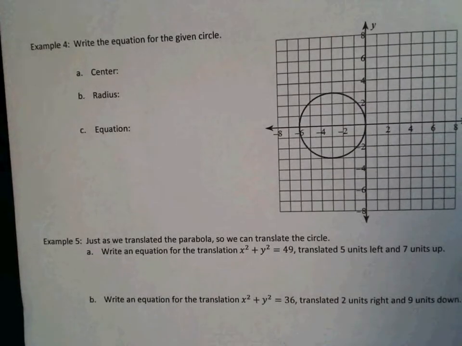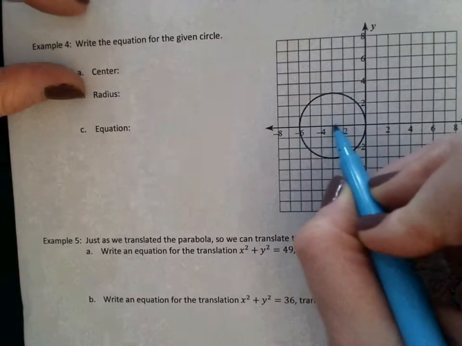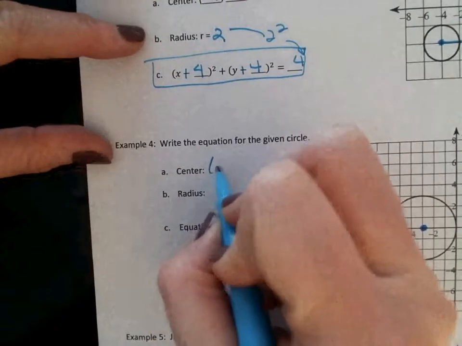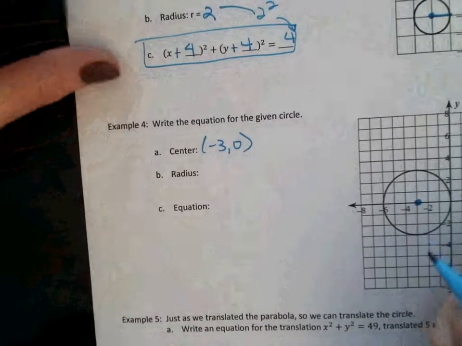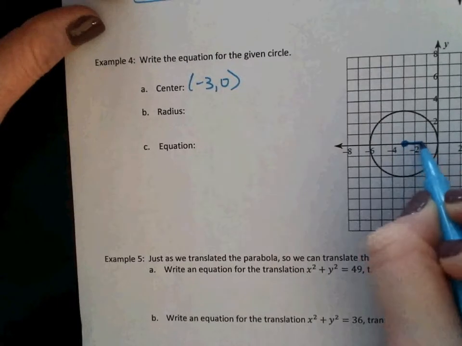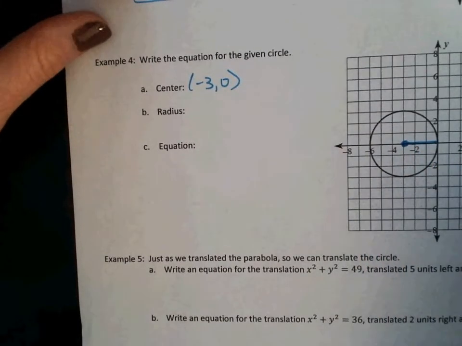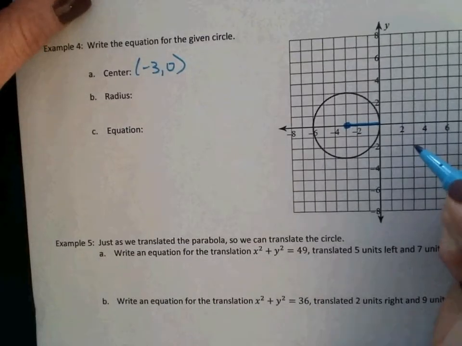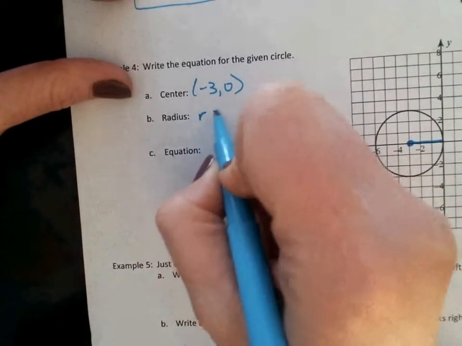Shauna, what did you get for the center? Excellent. So the center is -3, 0. Janaya, what did you get for the radius? Is it 3? Yes, 3. Good.